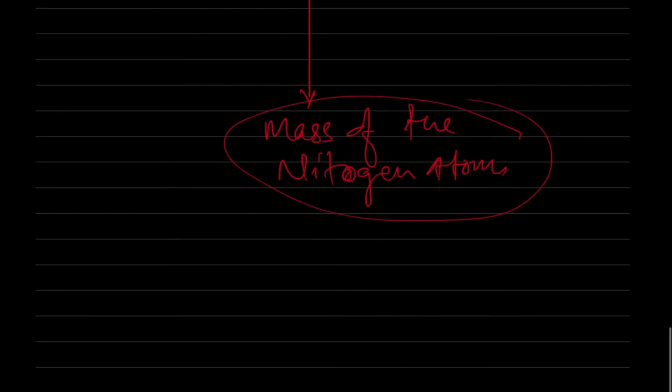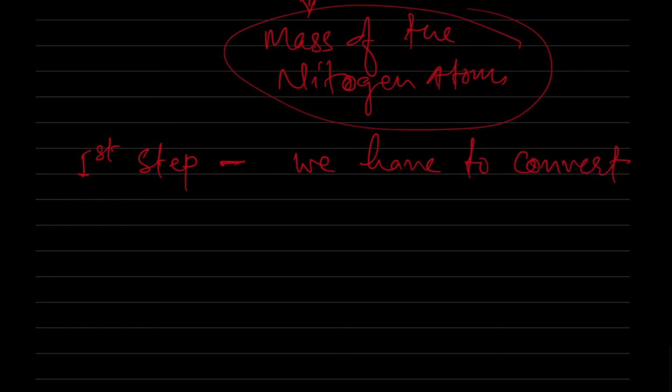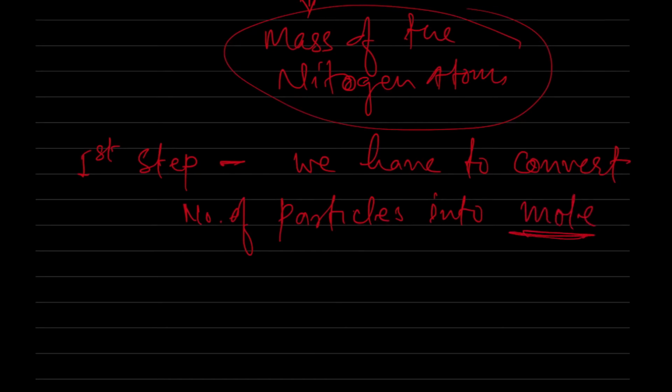First step. So first step what we are following? First step we have to convert number of particle into मोल. सबसे पहले हमें नंबर ऑफ पार्टिकल्स को कन्वर्ट करना होगा मोल्स में. पहले मोल्स में कन्वर्ट करना है.